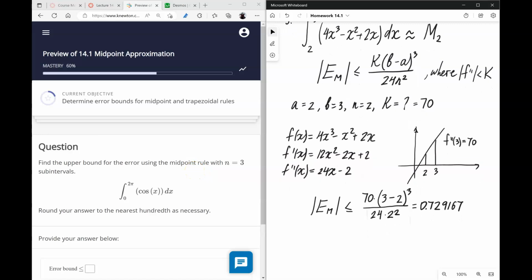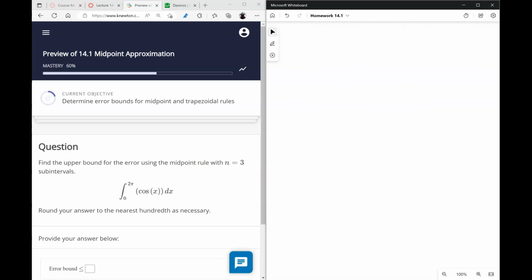We are asked another question of the same nature. So here, let's just write what matters. A is equal to 0, b is equal to 2 pi, n is equal to 3. I don't know k, but I'm about to find it because f of x is given to be cosine of x.